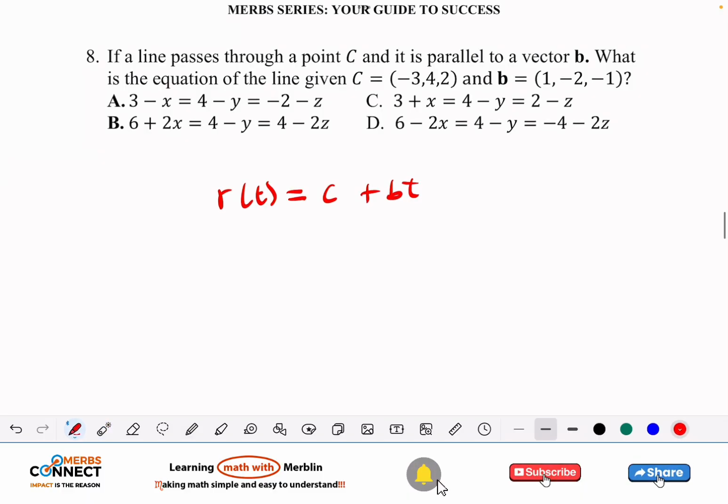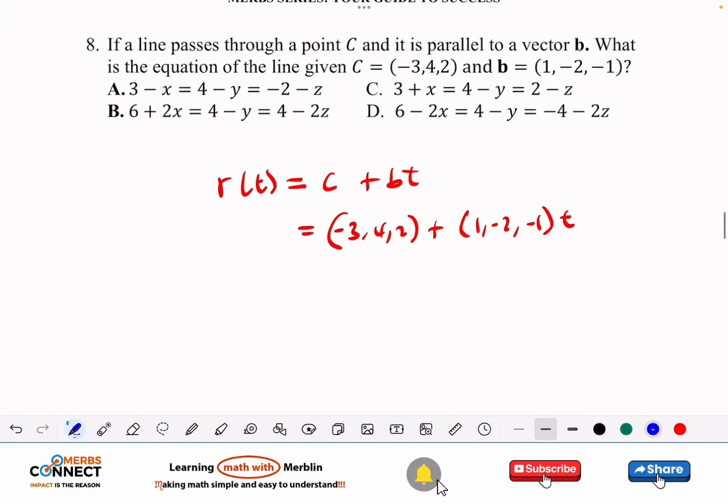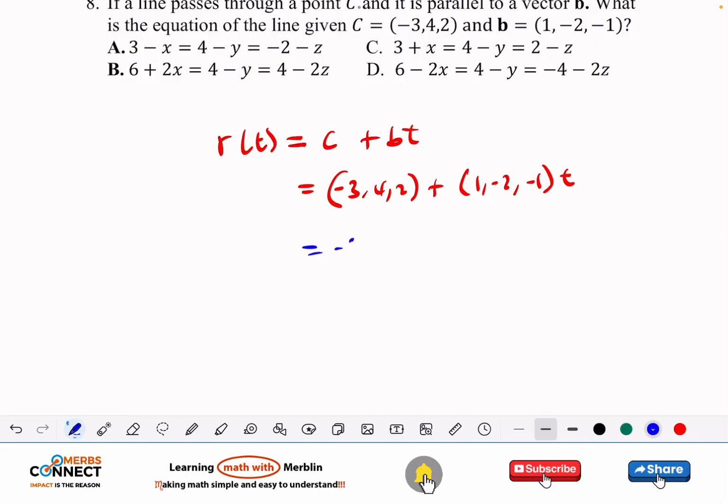It's very simple. What we need to do here is we have c is minus 3, 4, 2, and then plus b is 1, minus 2, minus 1 times t. Multiply the t through: minus 3, 4, 2 plus t, minus 2t, minus t.